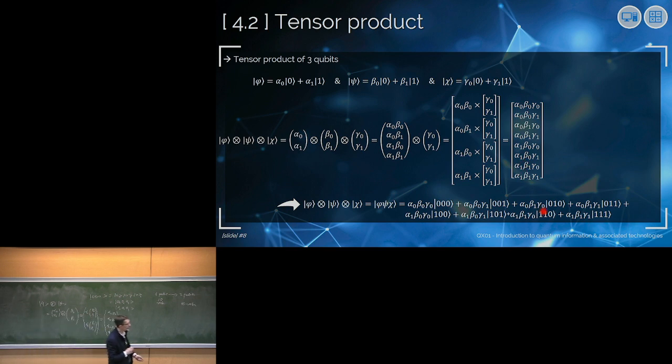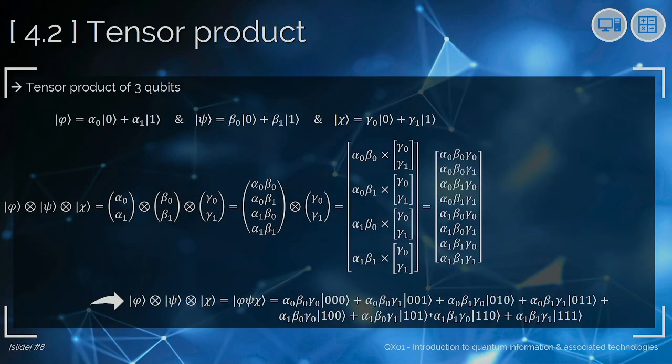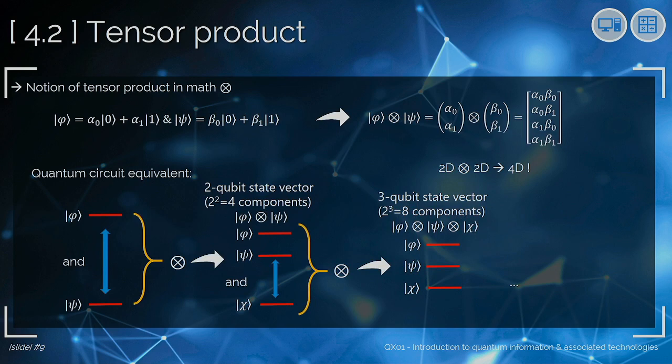Again, we could multiply it in a standard way, developing and ending up with the same result, but in a linear way. So what we see here is that the tensor product basically multiplies the space, taking a twice 2D space into a 4D space.